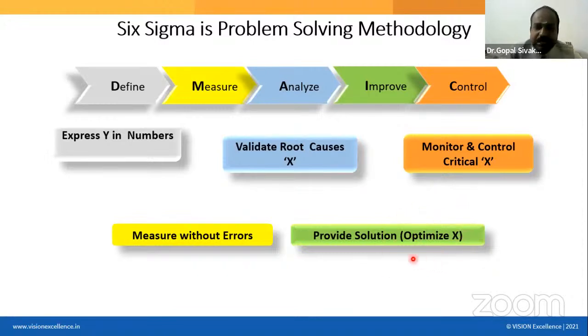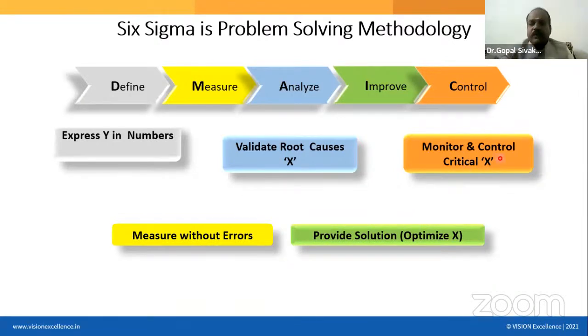You optimize the X. Control the amount of sugar, and sweetness will get controlled. If my material strength is not proper, find out the X variable. Is it the composition of the material, or is it the reinforcement, or what is it? Optimize it. And once you fix the root cause, monitor and control the X.